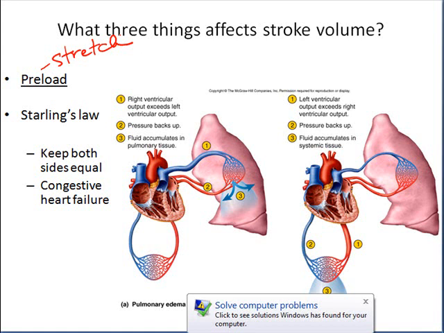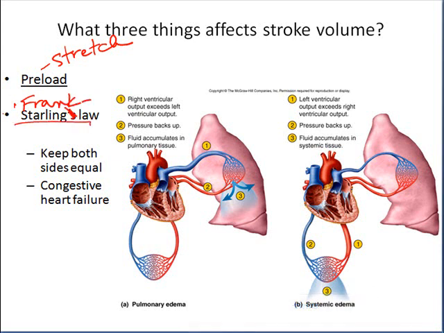It's kind of like rubber bands. If you think about it, the more I stretch a rubber band, the more it will snap when I let go, the greater the recoil. Same is true with the heart. The more I stretch the ventricular chamber with preload, with more blood, the more it's going to contract when it finally does. This is called the Frank-Starling law.